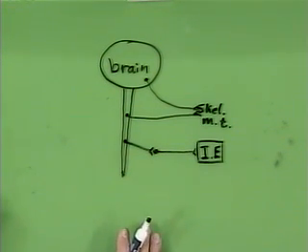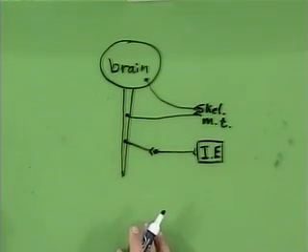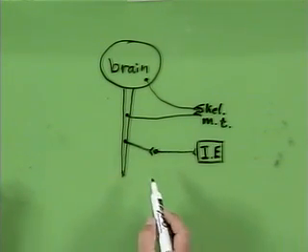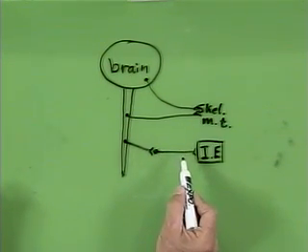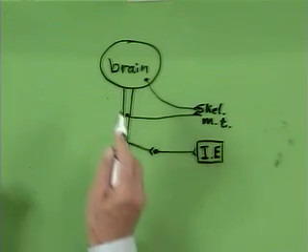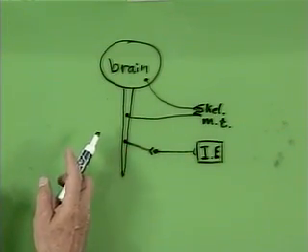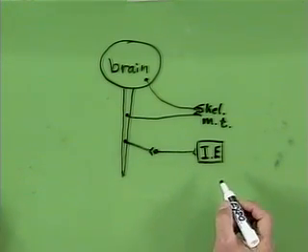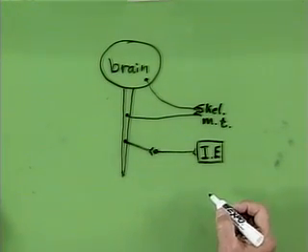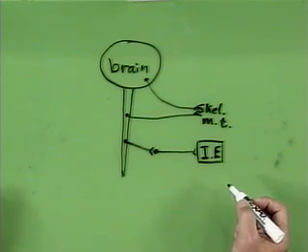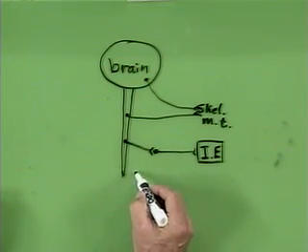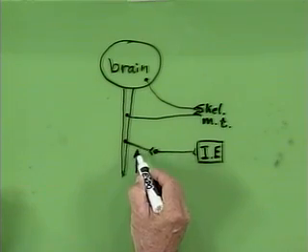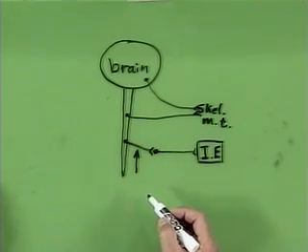This is what we mean when we say that the autonomic nervous system is a two-neuron chain from the central nervous system, brain or spinal cord, out to the involuntary effector. The impulse actually has to pass through two different motor neurons. Now, does anybody remember what we call that first neuron?